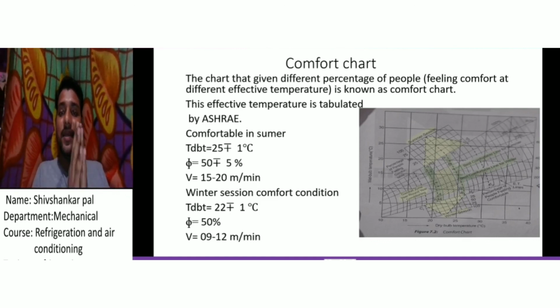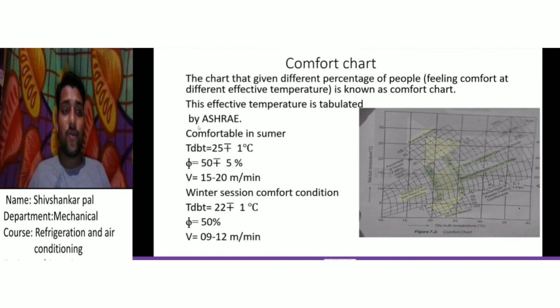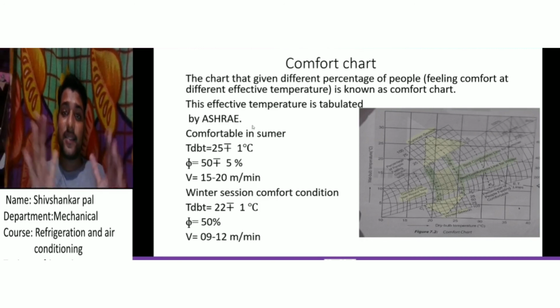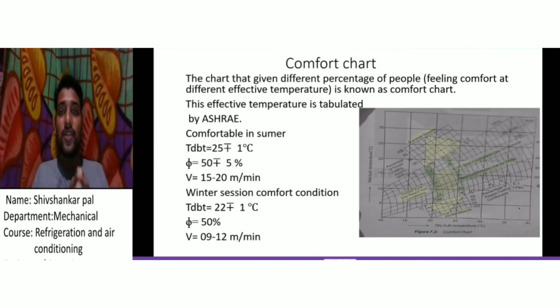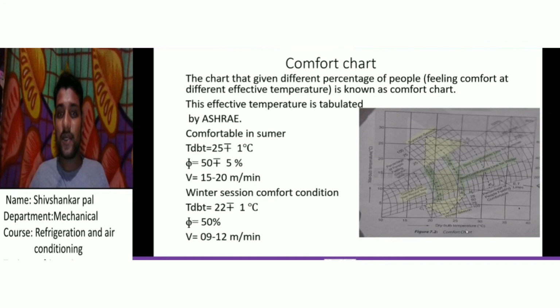But you know, each and every human's comfort is not the same, it depends on the person. So the American Society of Heating, Refrigeration, Air Conditioning did research on thousands of people to find out at what temperature they feel comfortable, summarized the data, took a summation, and then drew a chart. That chart is known as the comfort chart.